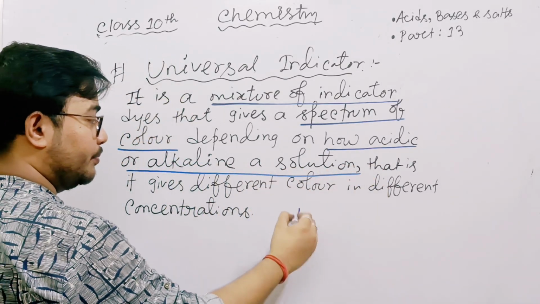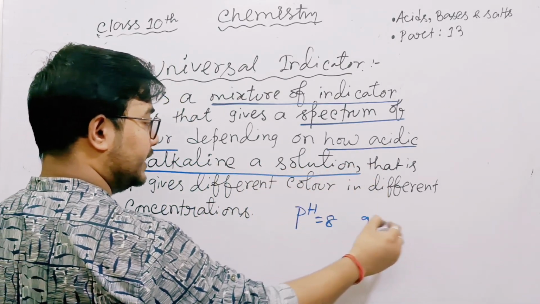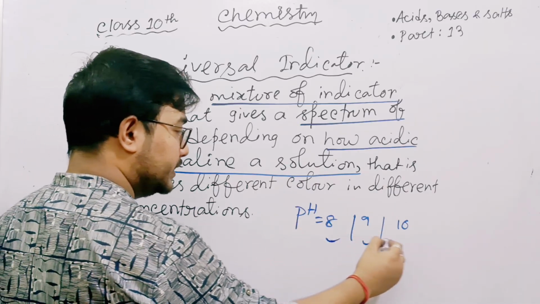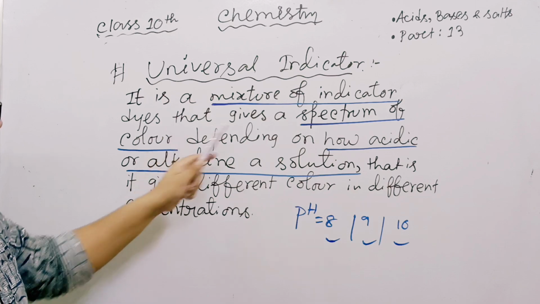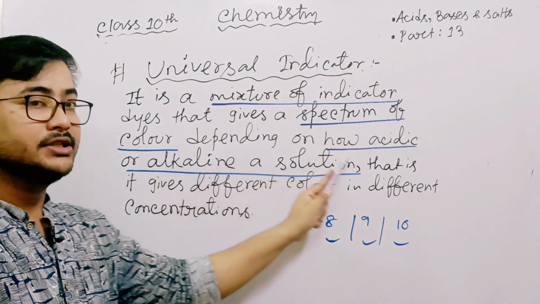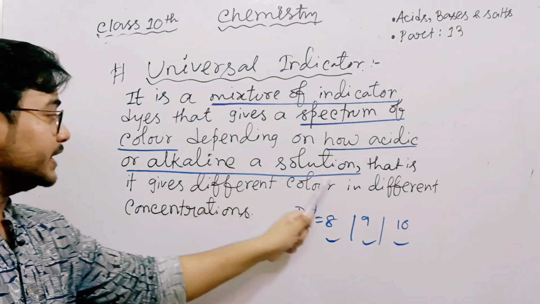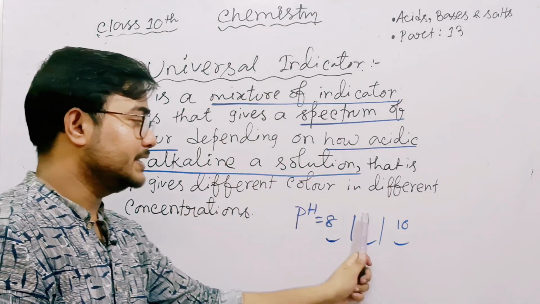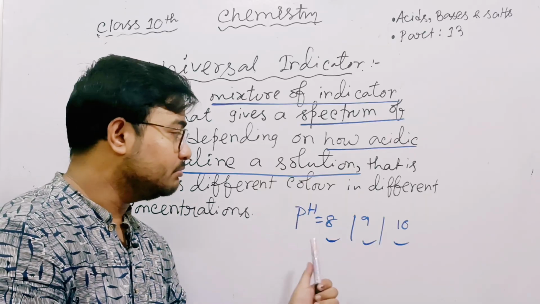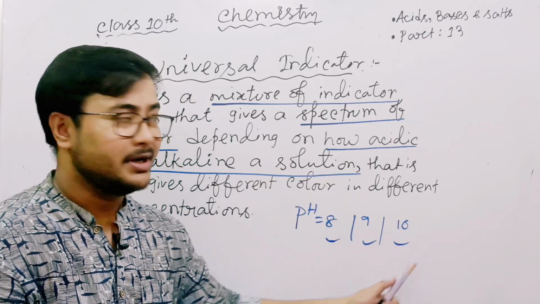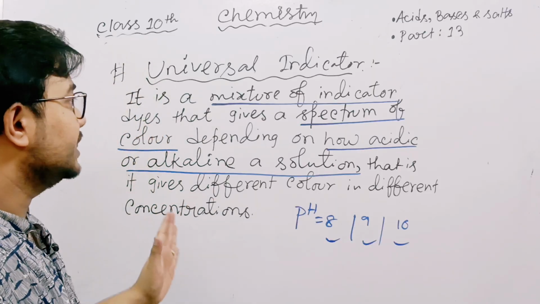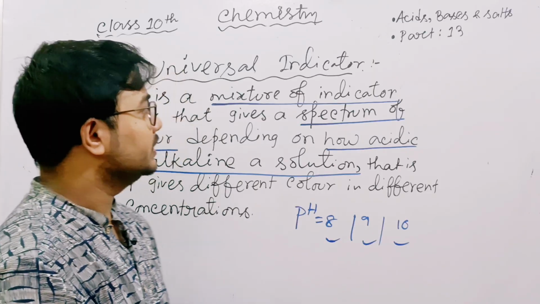As I told, 8, 9, 10 are all alkaline, but they show different colors. So the color depends on how acidic or alkaline a solution is, that is, it gives different colors in different concentrations. When the concentration changes, its color also changes, not like litmus. Litmus always shows a blue color here, but here the color will change. Do you understand? Very important concept for our board definition.